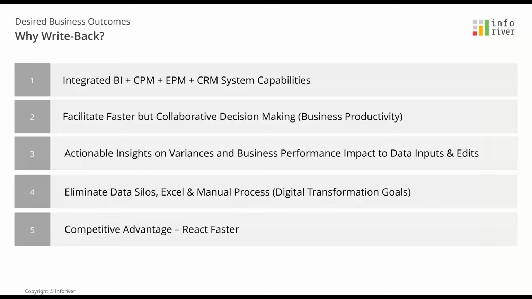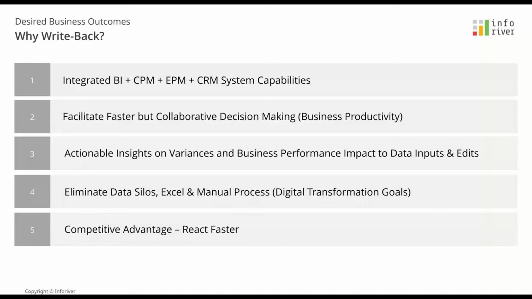It would facilitate faster but collaborative decision making in organizations to drive business productivity. Organizations are managed on business performance to the budgets and the goals, and being able to do variances and then manage to the business performance and the goals is extremely essential in the very agile, fast-paced organizations that are running today.